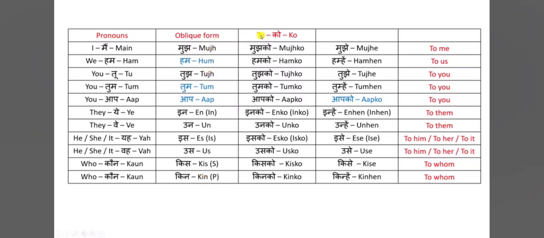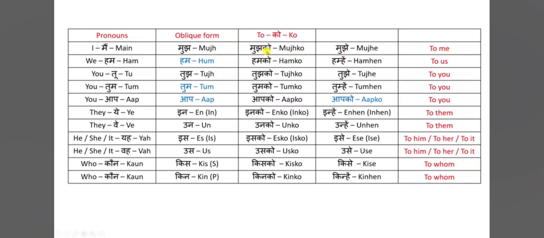So here I have written ko. Ko is to, and you know it, right? Muj plus ko is mujhko, and mujhko is to me.